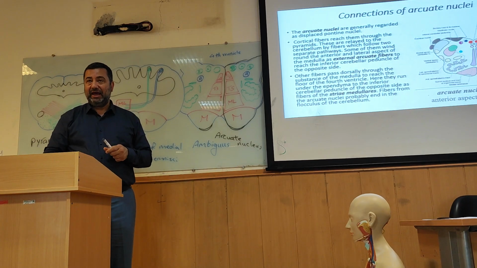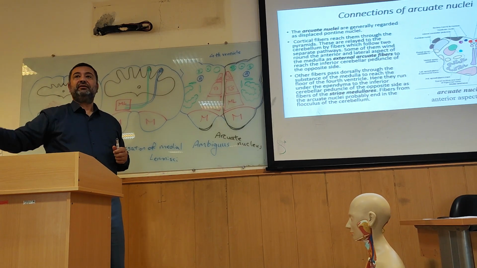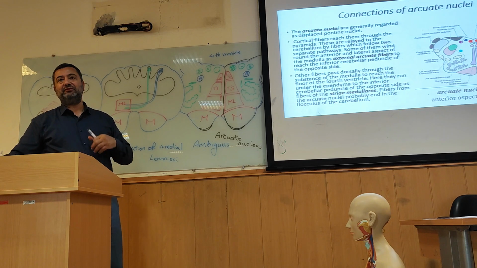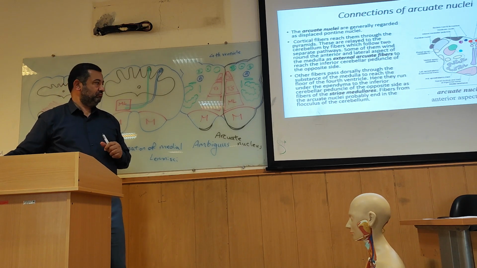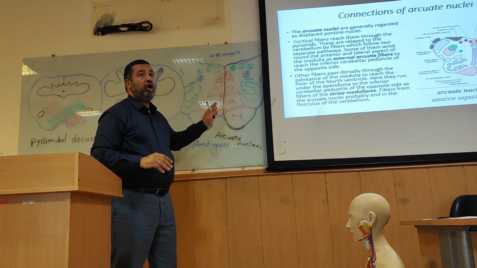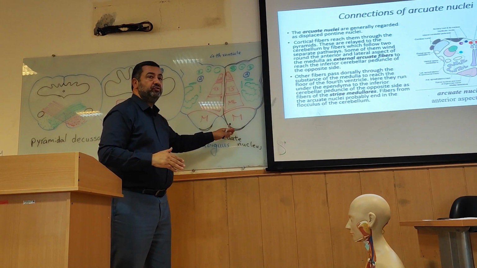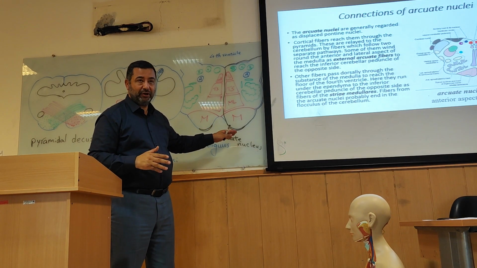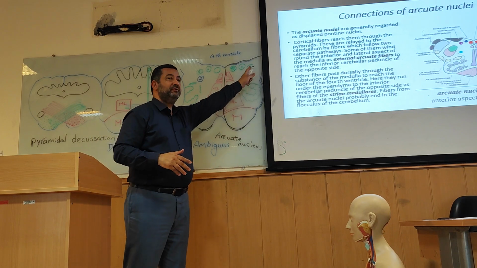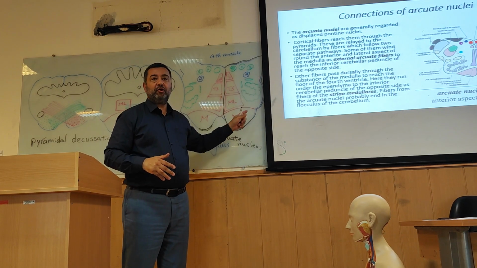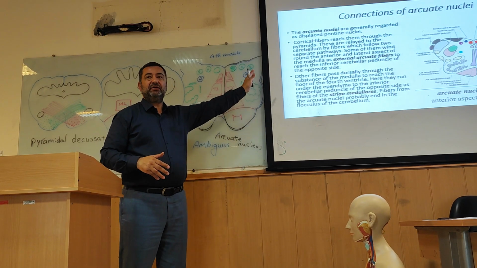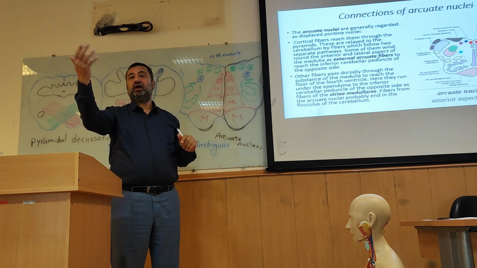Okay? And go to the inferior cerebellar peduncle and to the cerebellum. These fibers are ectopic fibers of the arcuate nucleus because the normal course of these fibers is external arcuate fibers.